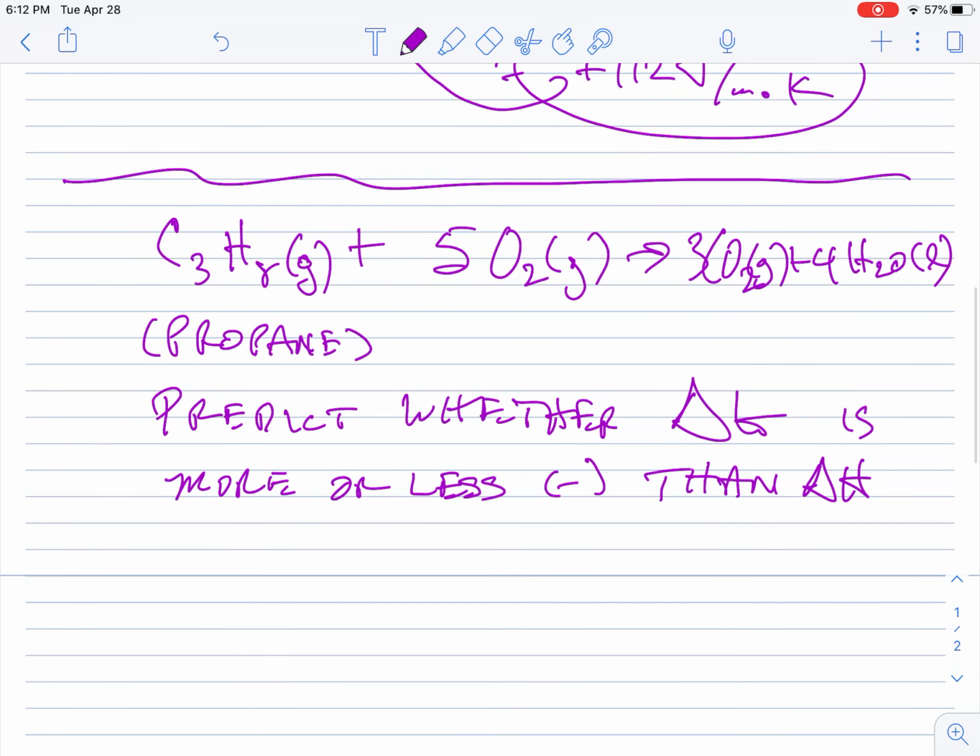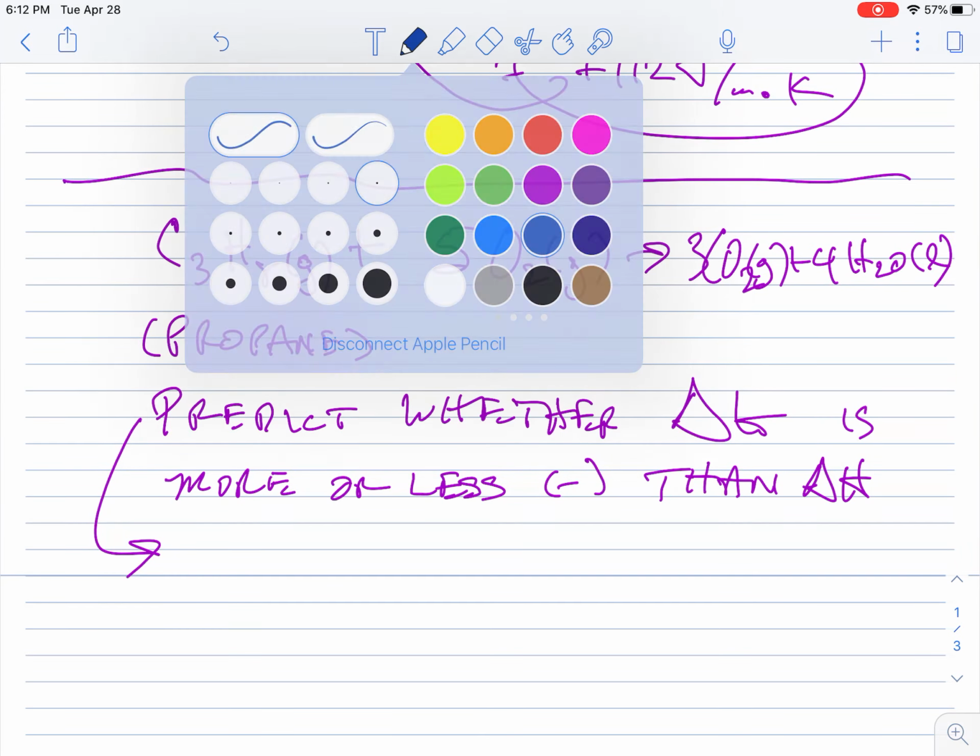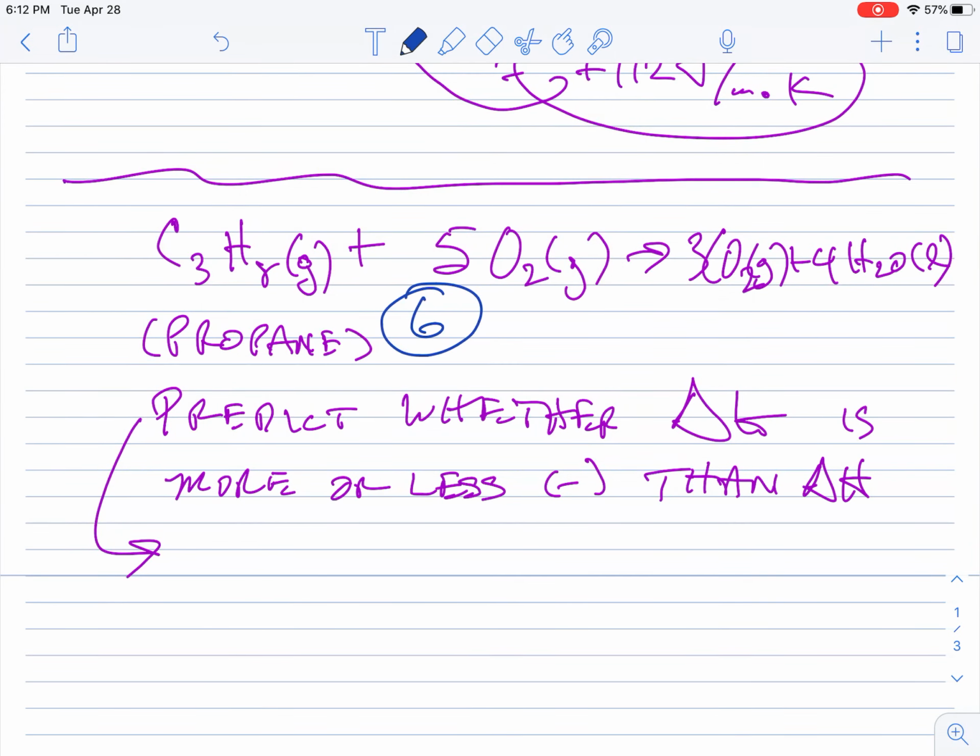And then, so let's talk about this. So let's just look through this. I've got 6 moles of gaseous reactant. Because I'm talking about liquid water, I only have 3 moles of gaseous product.